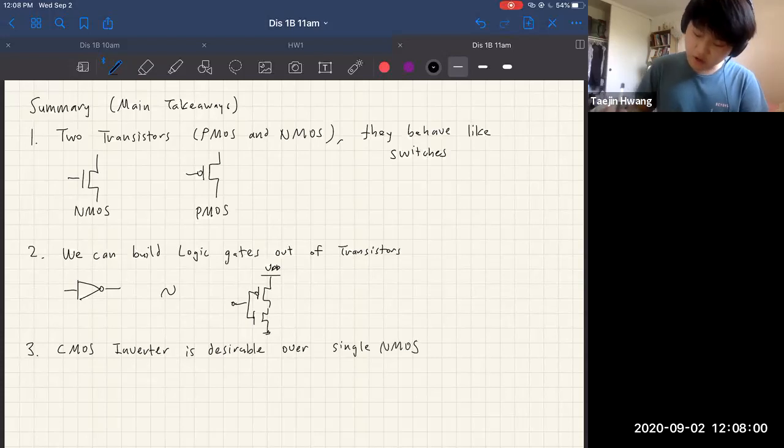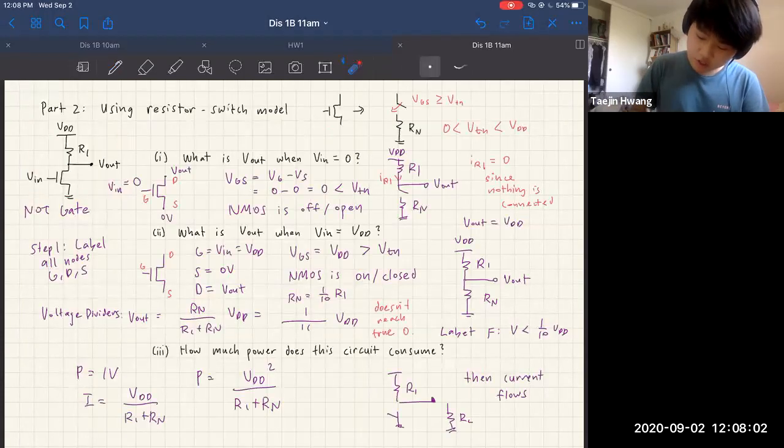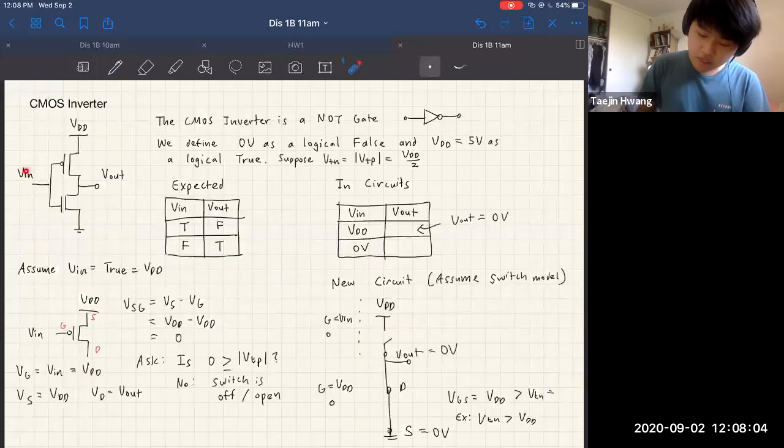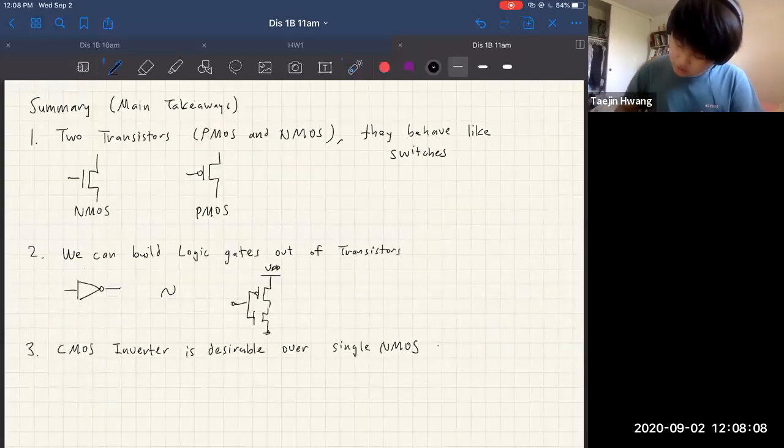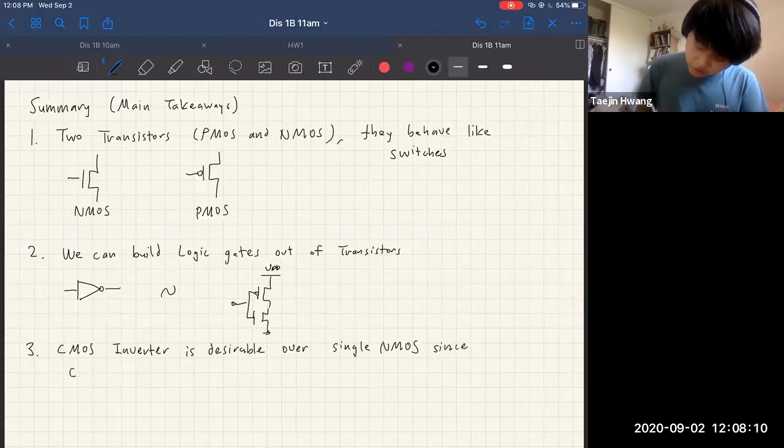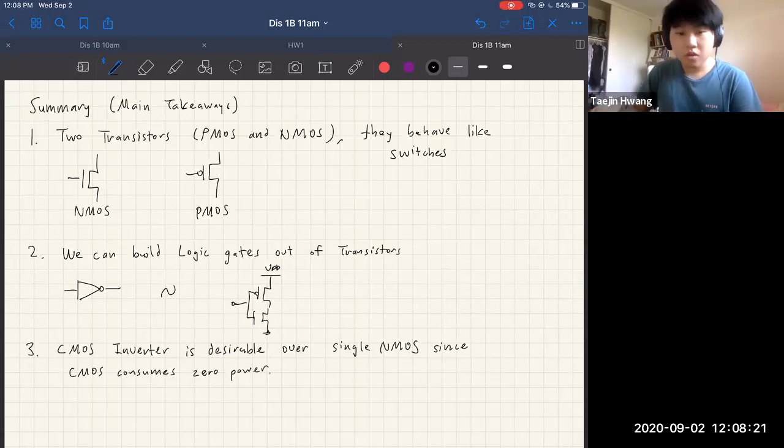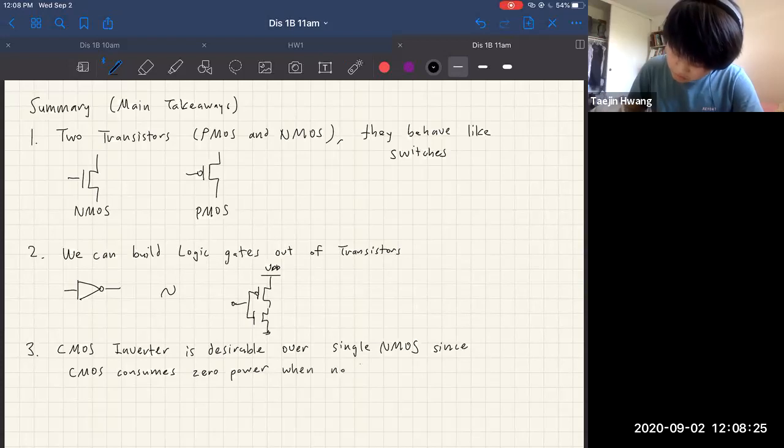So if we're comparing this model here to the CMOS that we spent all our time on, CMOS consumes no power, or 0 power, when no load is attached.